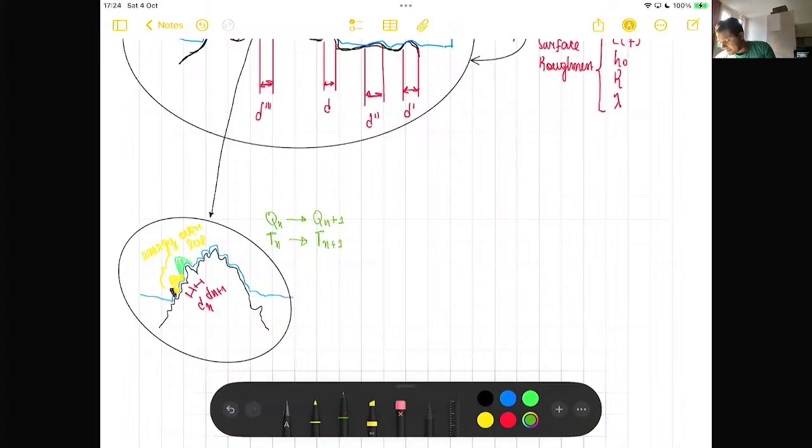Okay, and what Pearson does is considering a mean field approximation.